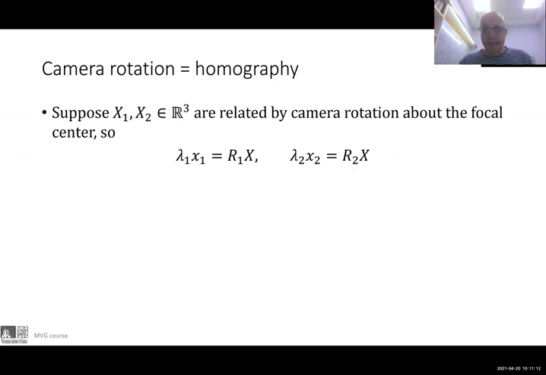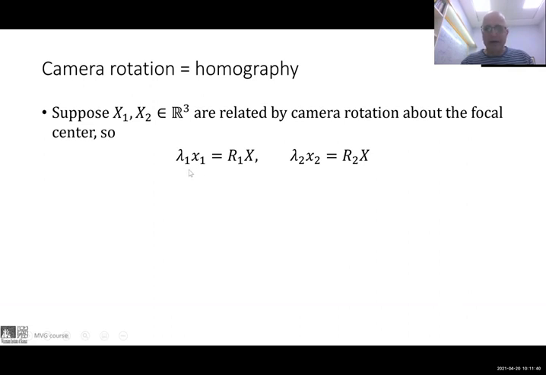Okay, so the assumption that we will make is that you rotate the camera around its center. And so you can write the following equations. Given a 3D point X, you apply rotation R1 and then project.